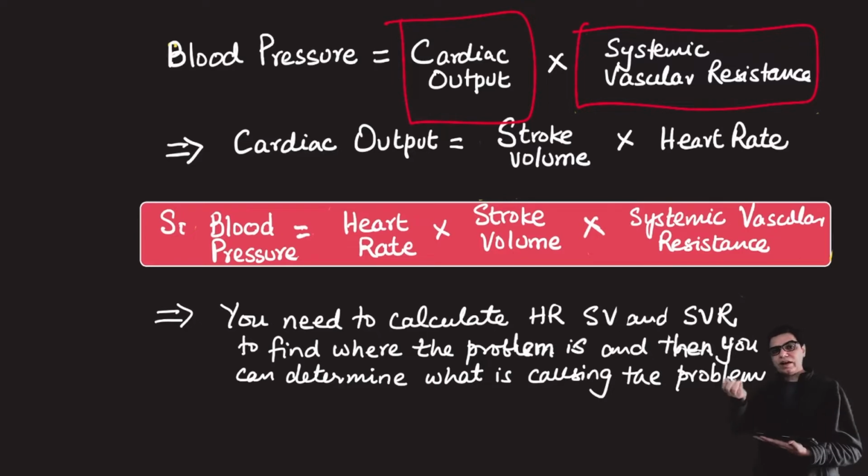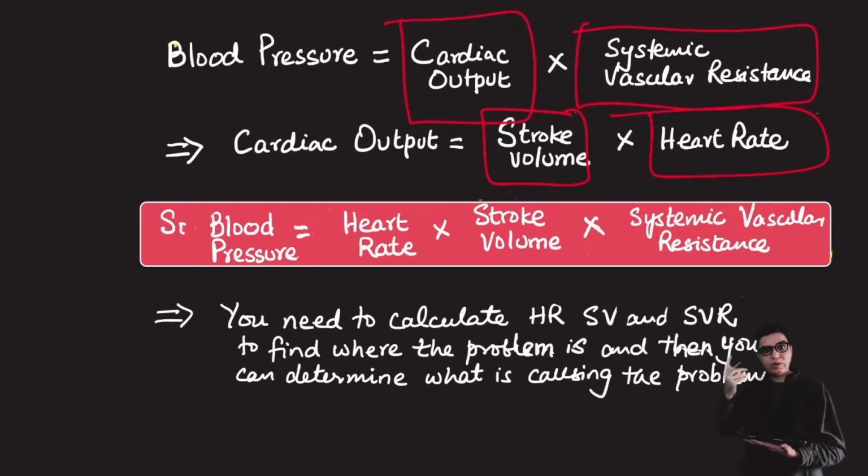Now, at the same time, we also know that cardiac output itself is the product of stroke volume multiplied by the heart rate. We know cardiac output is the amount of blood being pumped by the heart in 1 minute. Stroke volume is the amount of blood pumped per beat. And you multiply it by the heart rate, that would give you the total amount which is pumped in 1 minute.